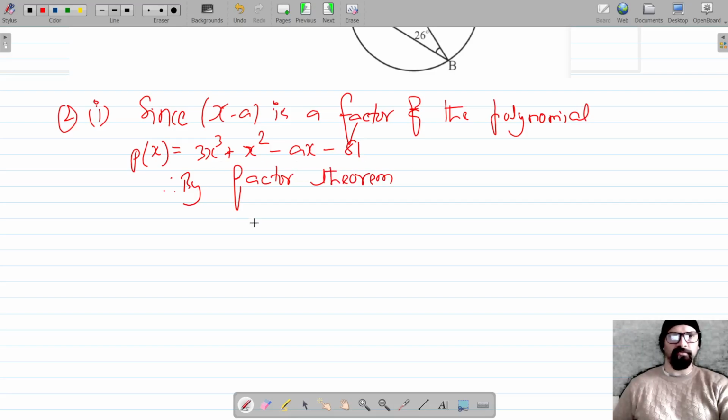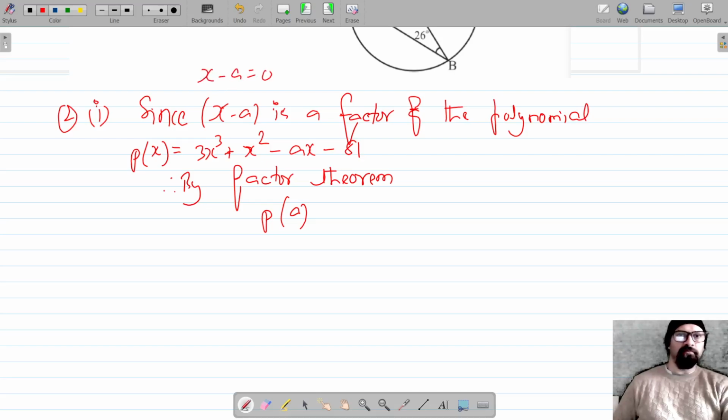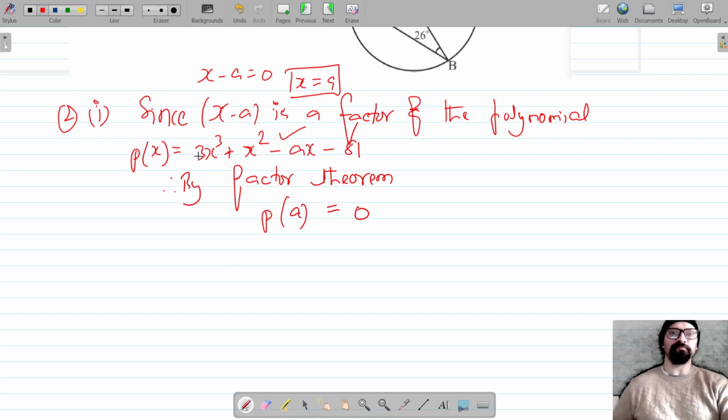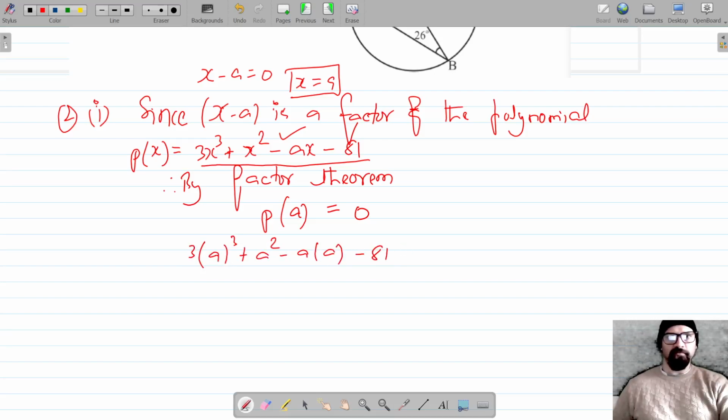So factor theorem says that the remainder p of a. So how do we get a? Assign x minus a to 0. So that means the value of x is a. So x is the 0 of this polynomial. So if I put the value of x as a, that should give me the remainder, and that should be equal to 0. So let's substitute the value of a in here. So this is 3a cubed plus a square minus a into a minus 81 is equal to 0.